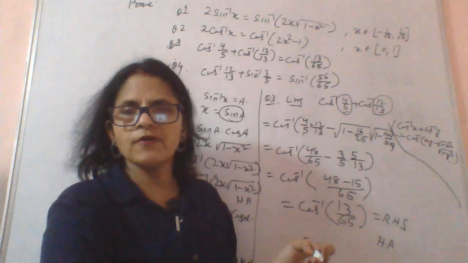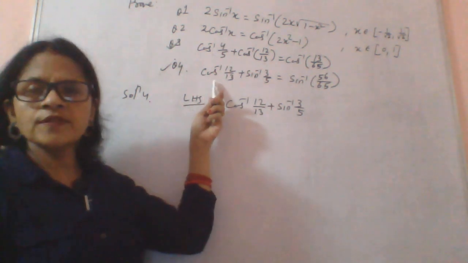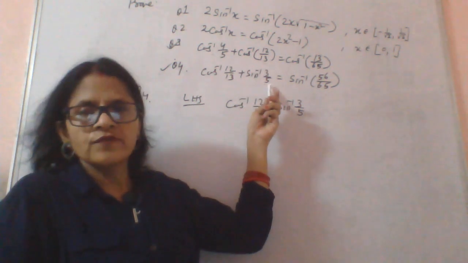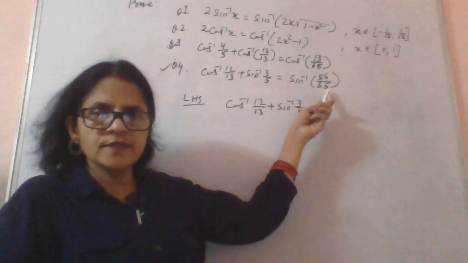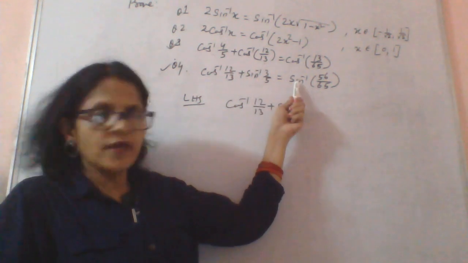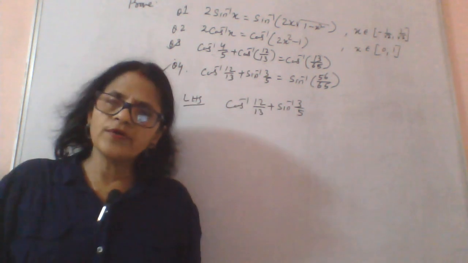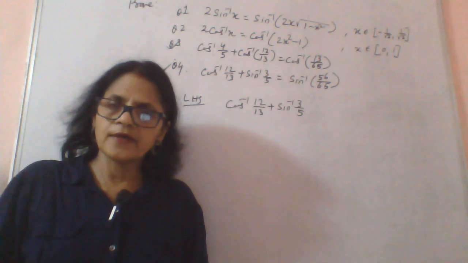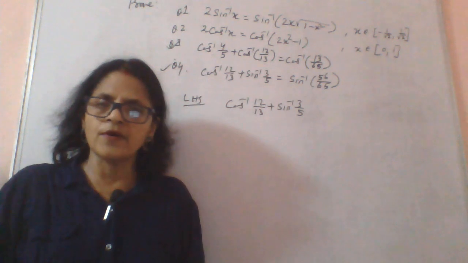Next, the fourth question is cos inverse 12 by 13 plus sin inverse 3 by 5 equals sin inverse 56 by 65. Here you have sin inverse and cos inverse. As we know, we have formulas for sin inverse x plus minus sin inverse y, and similarly for cos inverse x plus cos inverse y.